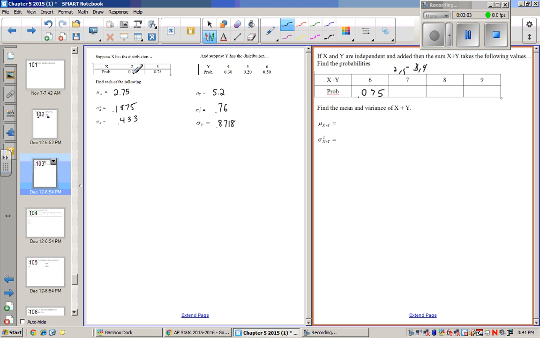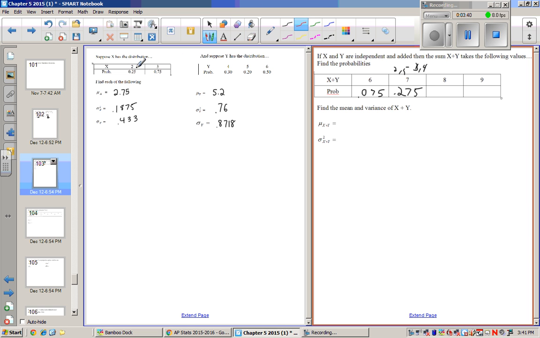So 2 and 5 would be 0.25 times 0.2, which would be 0.05, plus 3 and 4, that would be 0.75 times 0.3, which is 0.225. And when I add those together, that's going to be 0.275. So I'll erase this, and I'll write 0.275.